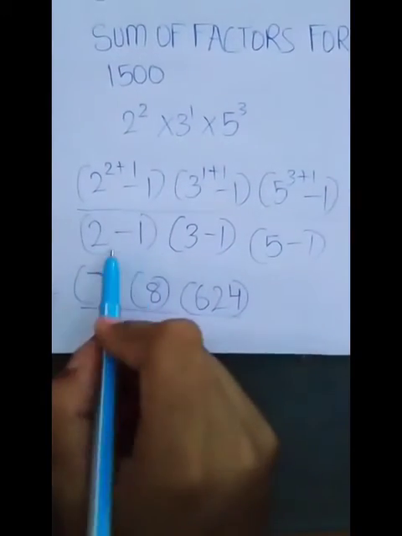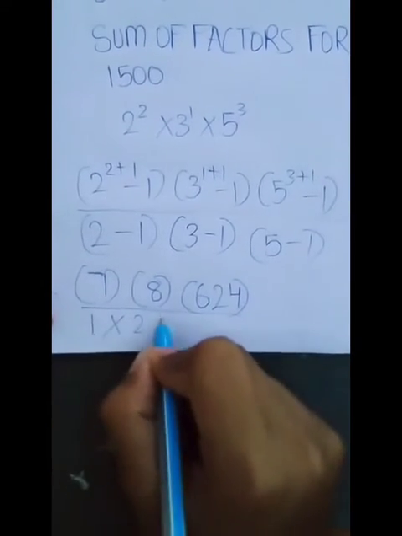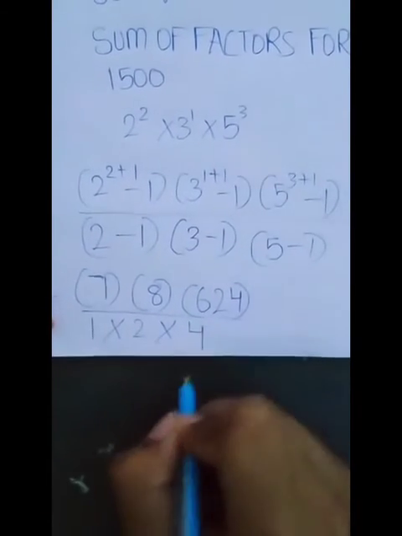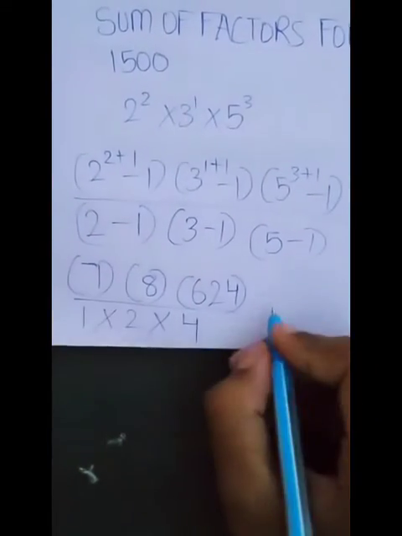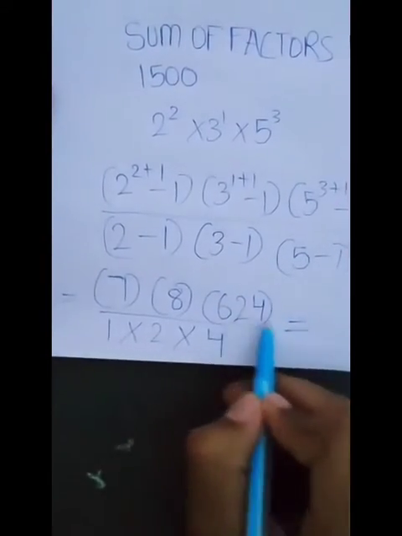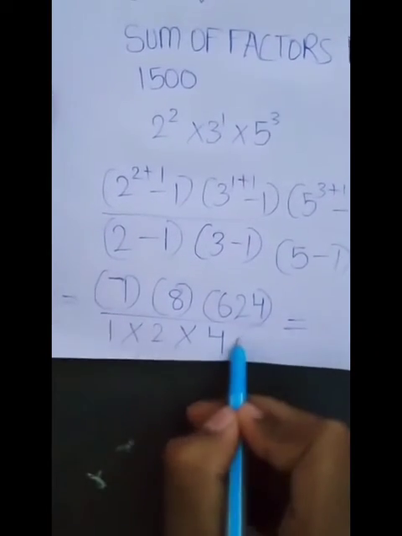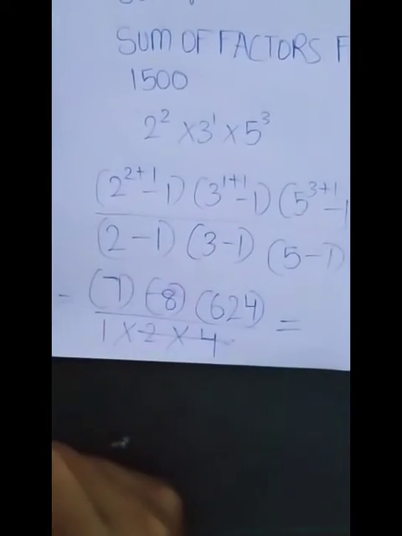Now the denominator is 2 minus 1, 1 into 2 into 4. Now this is it. Now we can solve it easily. 7 into 8 into 624, divided by 1 into 2 into 4. So 2 into 4 is equal to 8, right? So this and this will be cancelled.